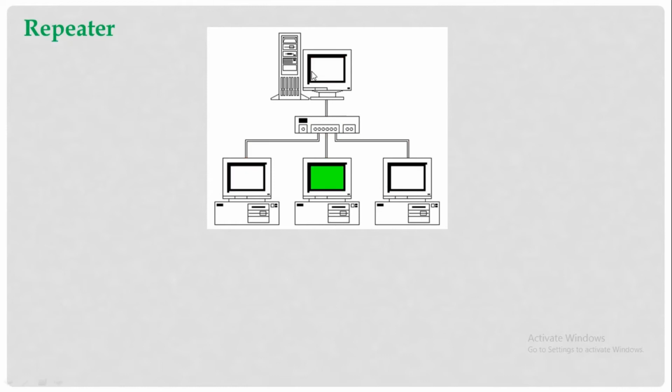Here you can see in this animation that whenever the data has to be transmitted, the green color is the transmitted data. Here this is a repeater. The repeater receives the information, amplifies it, and retransmits it to all the other ports or all the other systems connected to this repeater.